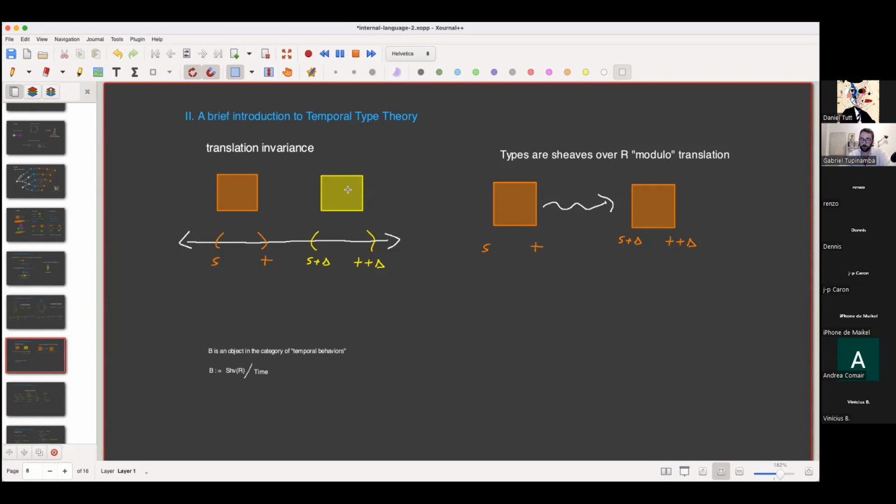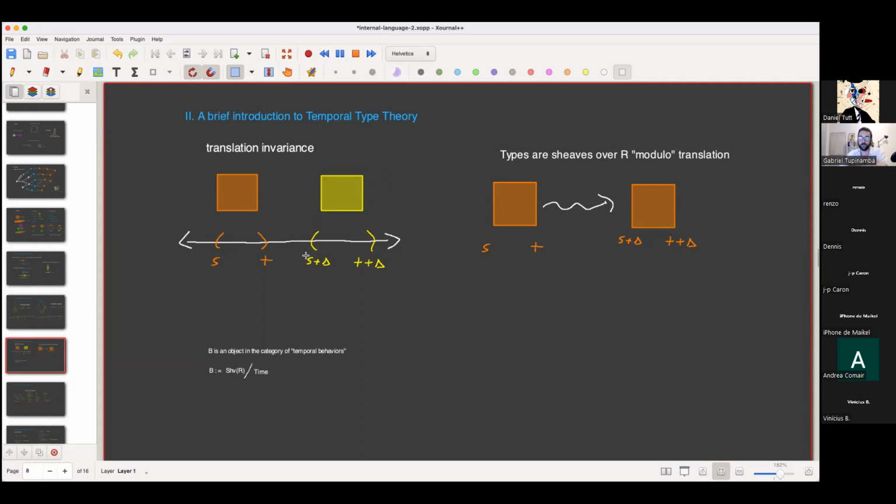Although you could say, well, if I took longer to eat dinner, then that might actually be a different behavior type. So if S started at the beginning here, but T went all the way to T plus delta, then you could say, okay, maybe this is a different behavior type.